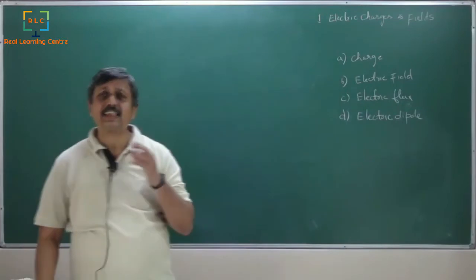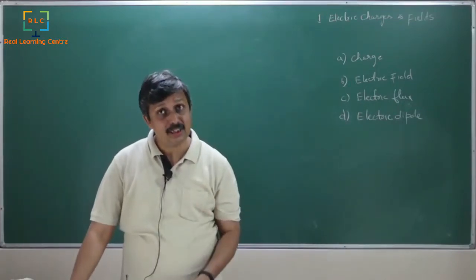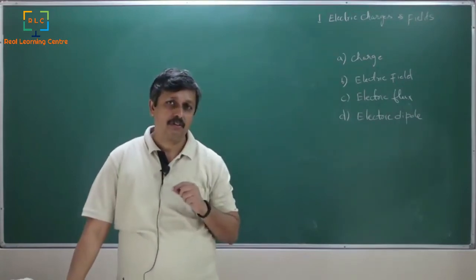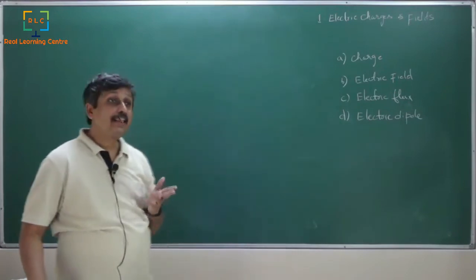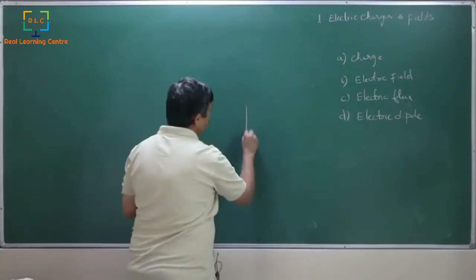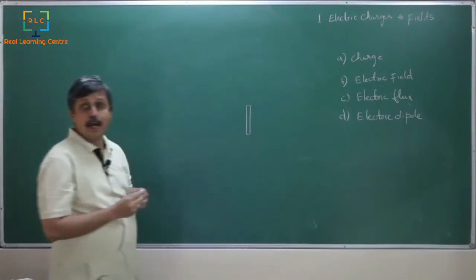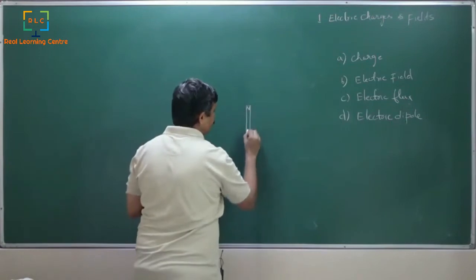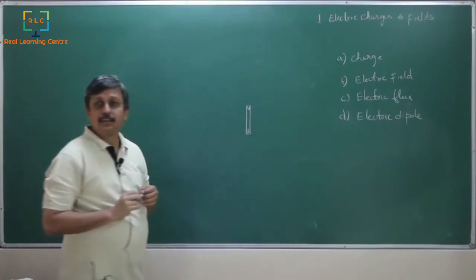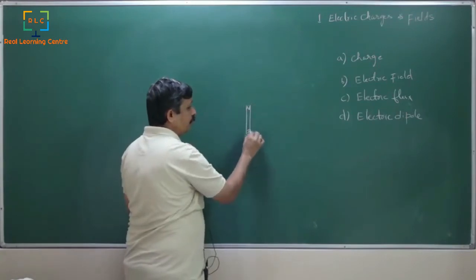So what is an electric dipole? We have actually seen a dipole, but not in the context of electricity. In magnetism, we have a bar magnet, which we call north and south. So this is one pole, this is another pole.